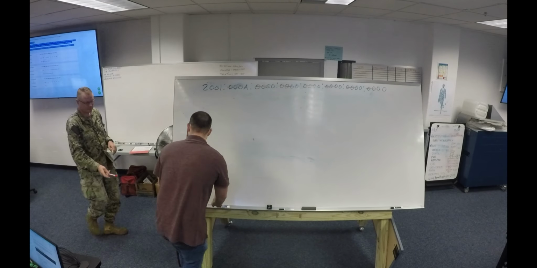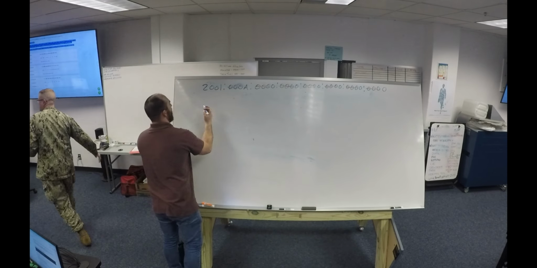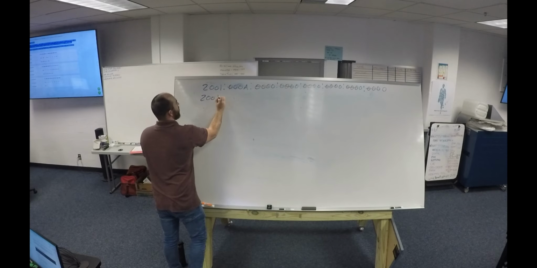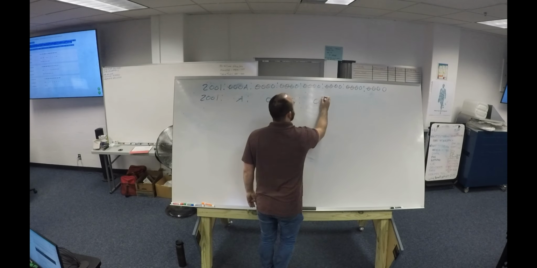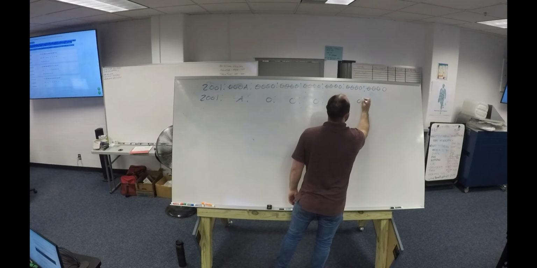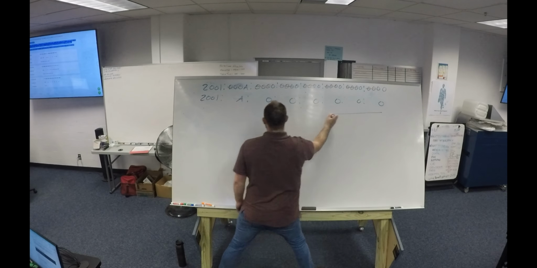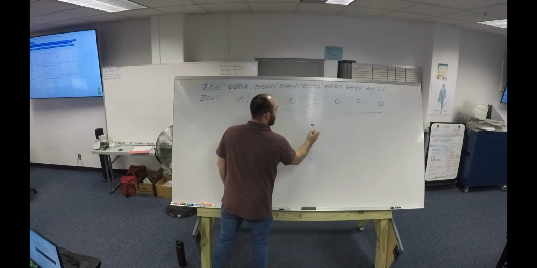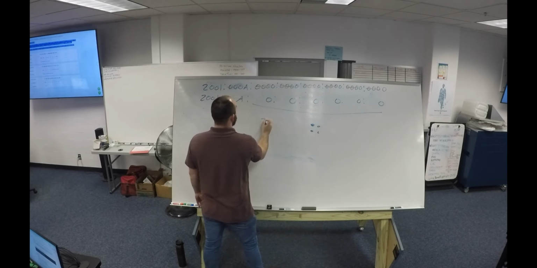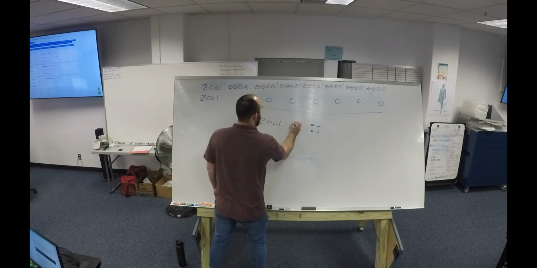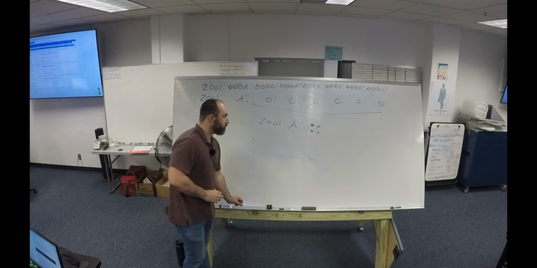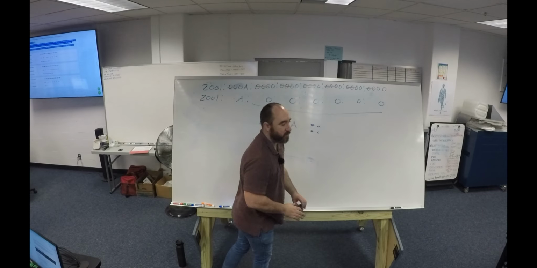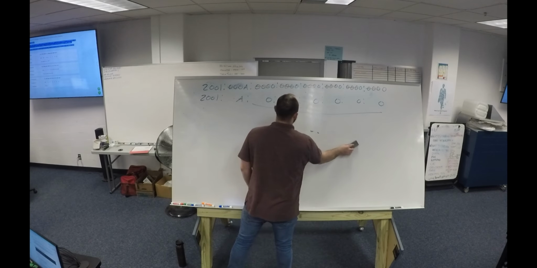Okay, so that reduces us to, perfect, thank you, 2001:A:0:0:0:0:0:0. We can replace all of this with a double colon, which gives us 2001:A::. That's right. Let's do another one.